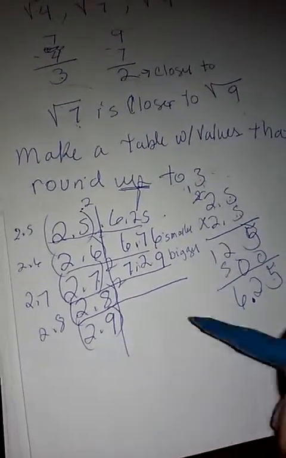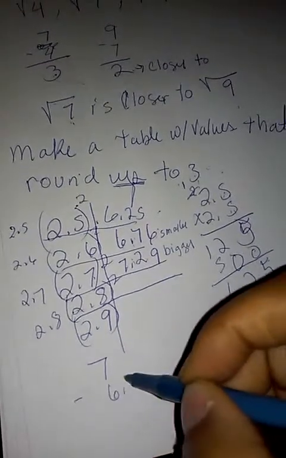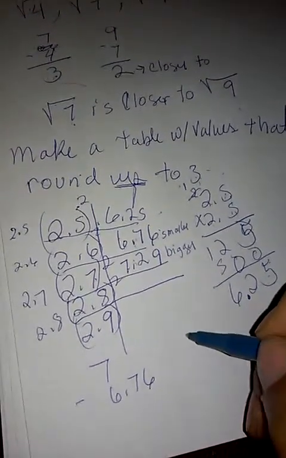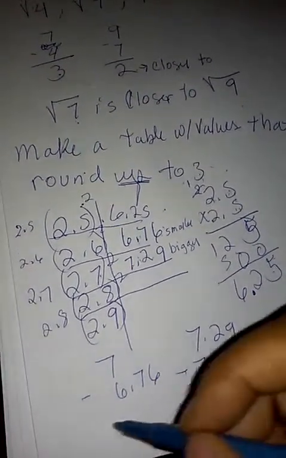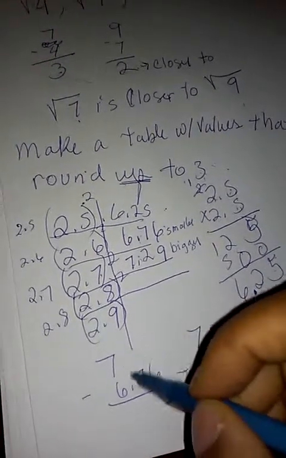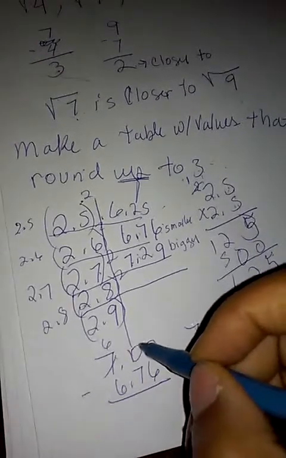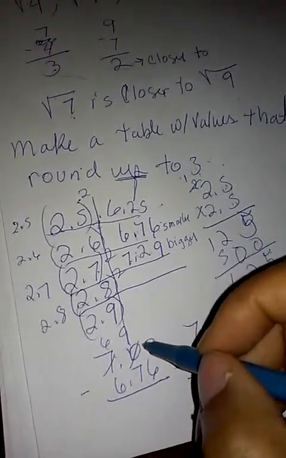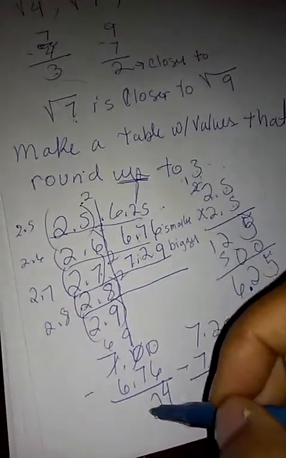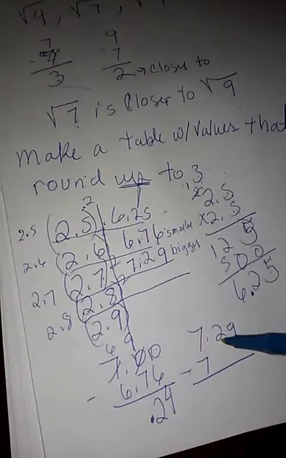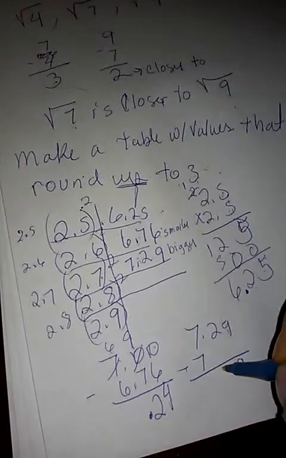Well, to do that, we're just going to subtract. So we'll say 7 minus 6.76 and then 7.29 minus 7. Okay, so we can add our decimal and our zeros. 10 minus 6 is 4. 9 minus 7 is 2, and we bring down our decimal. 2 minus 0 is 2.